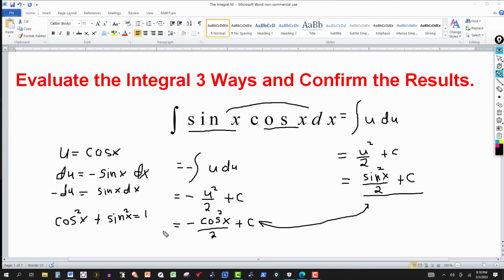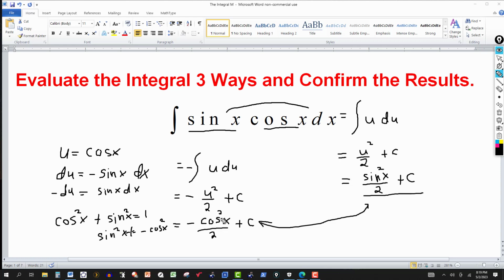So let's take the cosine squared to the other side. We can rewrite this then as sine squared x is equal to 1 minus cosine squared x, and let me make it this way instead, taking the 1 over to this side: sine squared of x minus 1 equals minus cosine squared x.